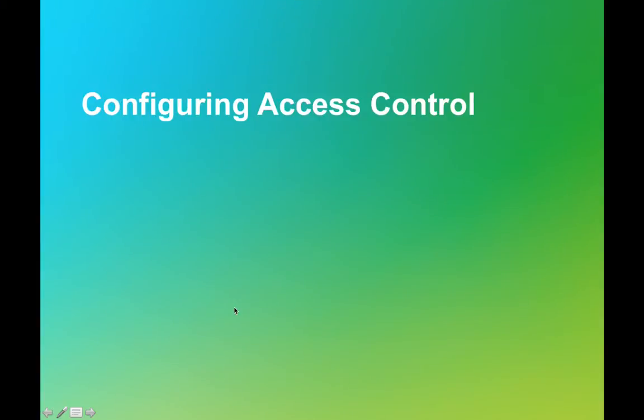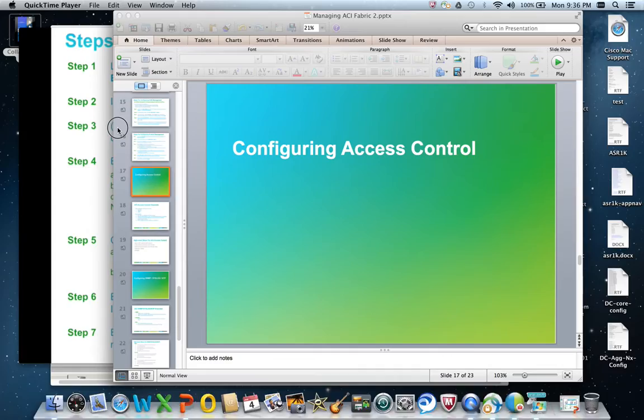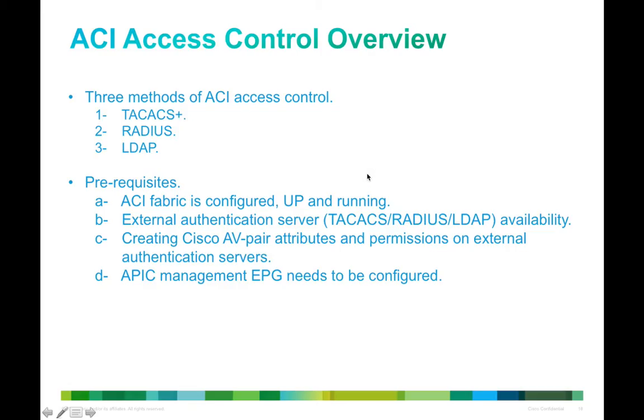Alright folks, let's go over configuring access control in ACI. There are three methods of ACI access control. First, TACACS plus, second, RADIUS, and third, LDAP. You can configure either one of these access control methods or all of them together. I have put down some of the prerequisites for configuring ACI access control.